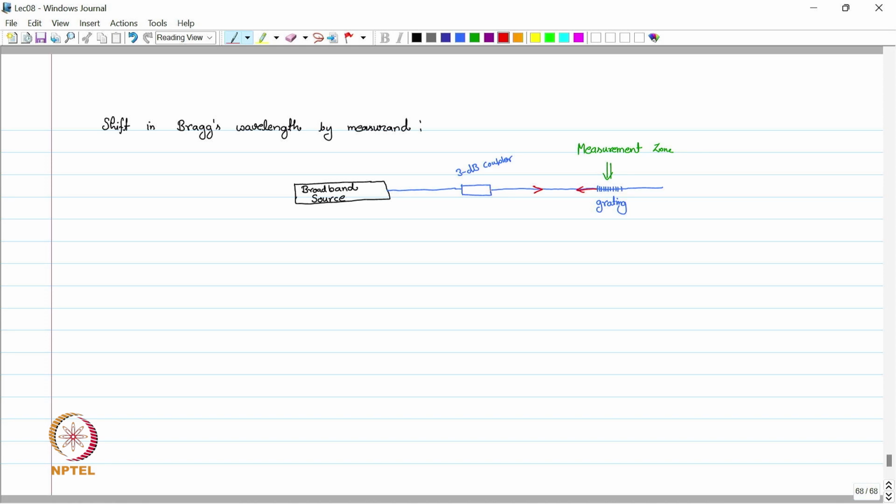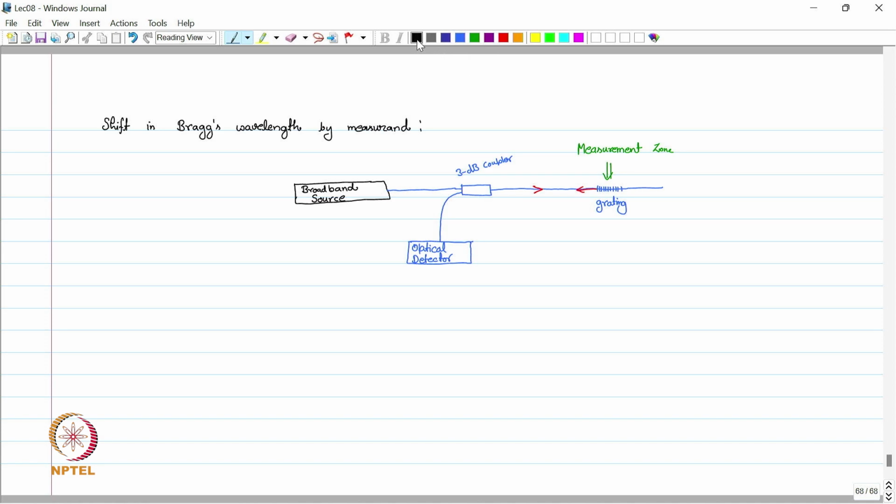That wave will reach the 3 dB coupler, and this 3 dB coupler will change its path to our detection system. This is an optical detector. This can measure which wavelength is reflected back by this sensor.